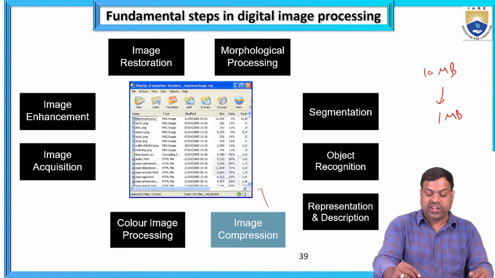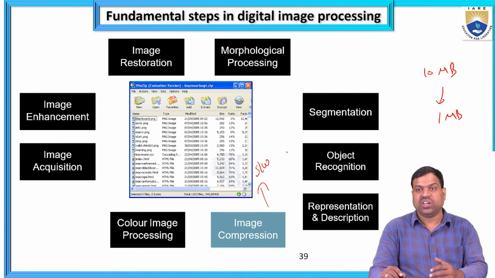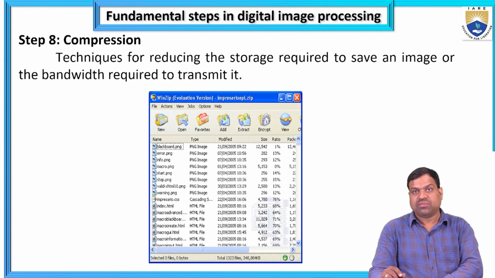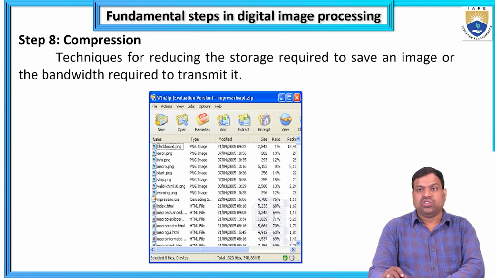But what do we need? I need software to reduce the size of the image, or reduce the pixels of the image, or compress the image. It is a technique for reducing the storage required to save an image and the bandwidth required to transmit it.